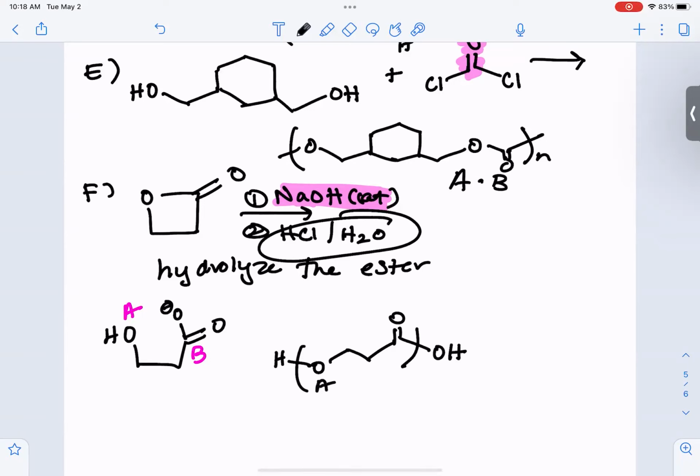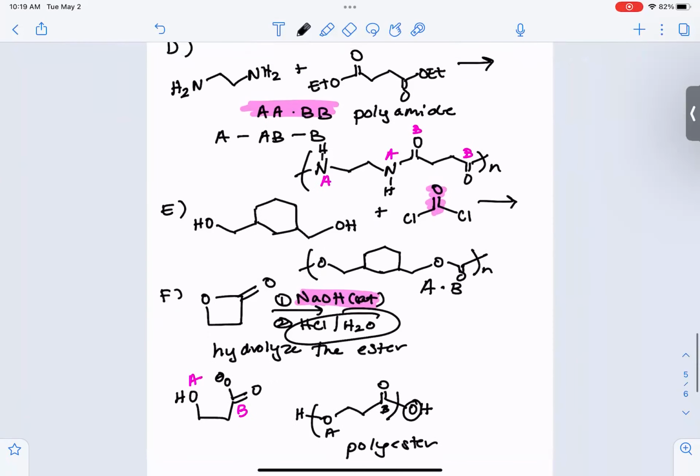Here's my A, here's my B. That last step caps the hydrogen on that OH group and the carboxylate oxygen. So this is a polyester, because you have both reactive groups, an A and a B, on the same molecule. It's not like we're adding an AA molecule and a BB molecule. Do we see the difference?